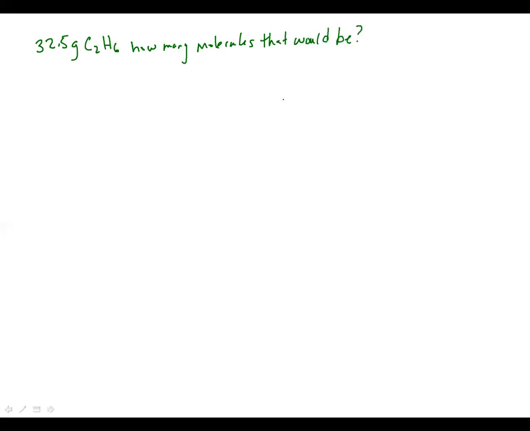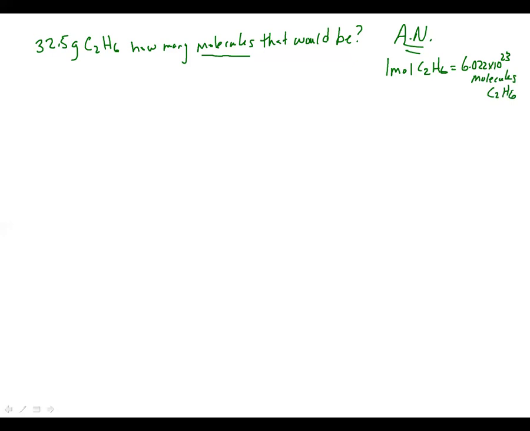When we approach this problem, the first key is we're looking for molecules. That should automatically trigger, I need to use Avogadro's number somewhere in this calculation. Avogadro's number is 1 mole of C2H6 equals 6.022 times 10 to the 23, and the units here would be molecules, because C2H6 is covalent.